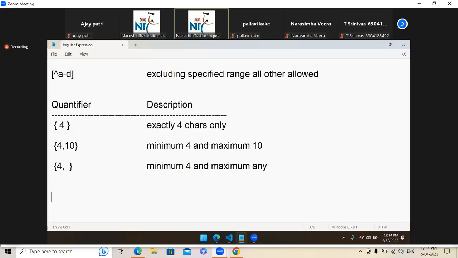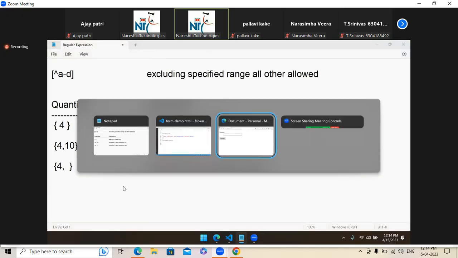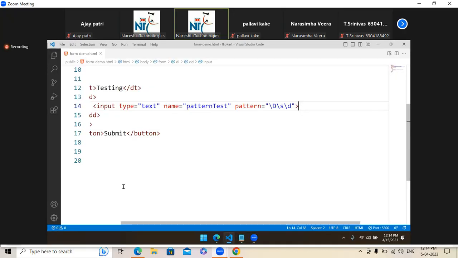Suppose I want to allow only uppercase letters in a name, 4 to 10 characters. Anything else is not allowed. Now how to allow only uppercase? How to write it?